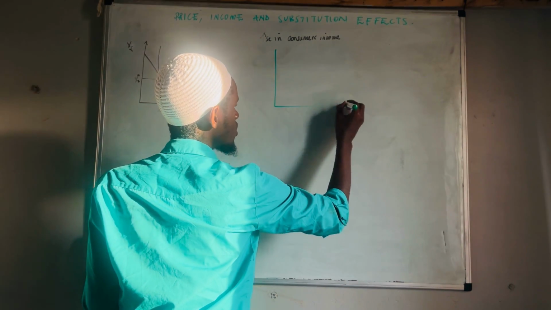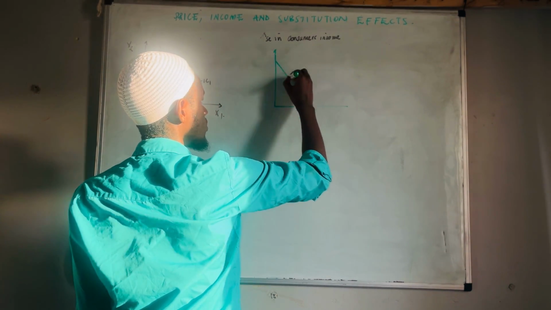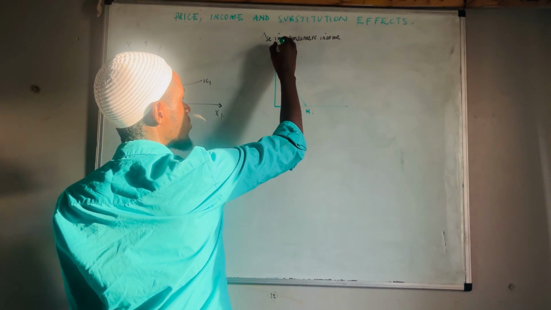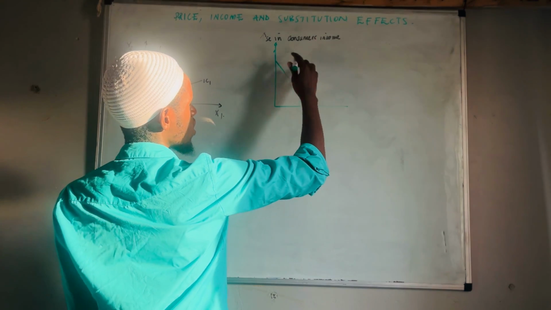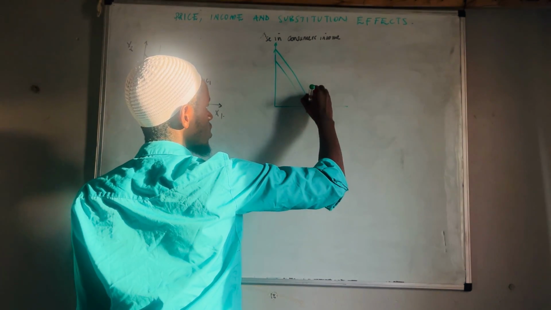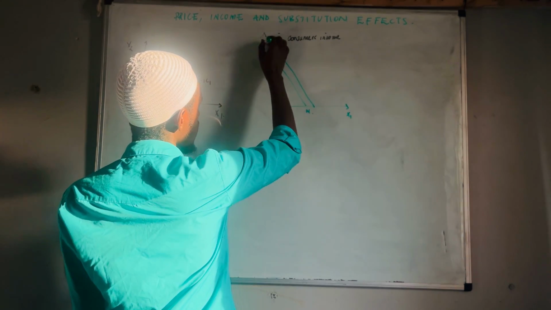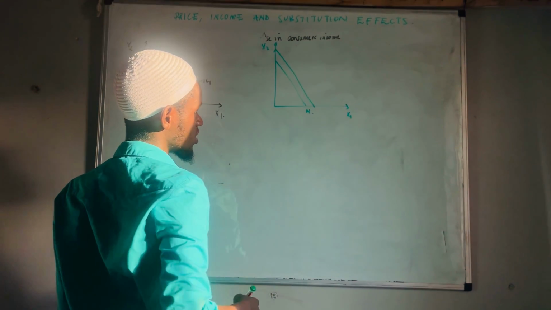If this is my original budget line, W1, and there is an increase in consumer's income, my budget line will shift outwards. I'll be able to consume more of X1 and X2, if the prices of X1 and X2 are kept constant.